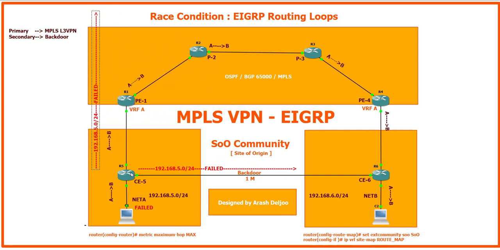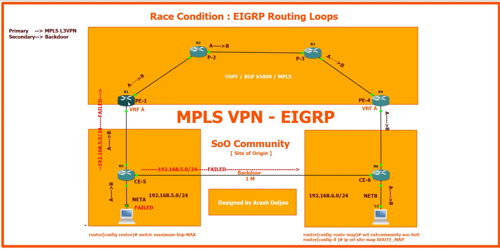In EIGRP, we use in most cases the delay parameter to send the fail message to the other neighbors. I'm not going to delve into the detail of advertising the EIGRP update, but you know that now R5 and R1 should remove 192.168.50.0, net A, from their EIGRP topology table and also the routing table.